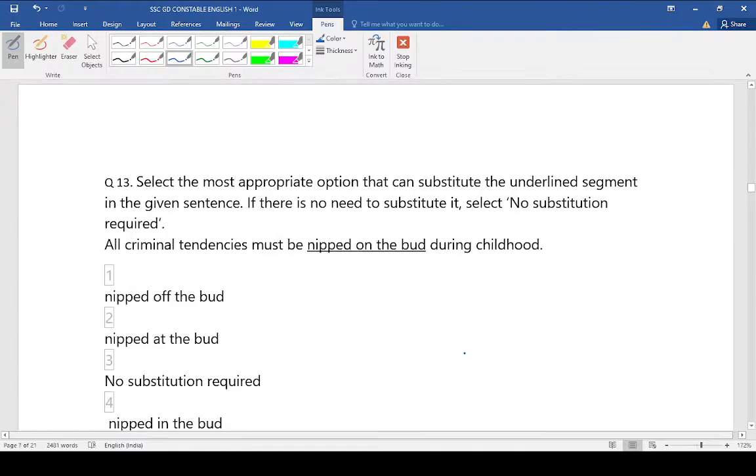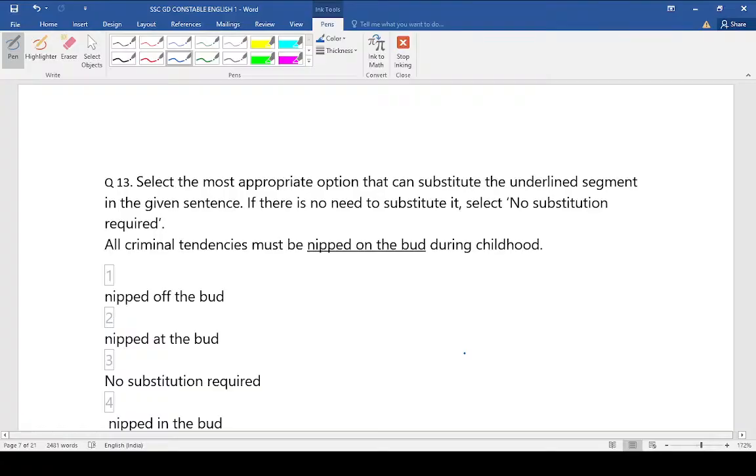Select the most appropriate option that can substitute the underlined segment in the given sentence. If there is no need to substitute it, select no substitution required. All criminal tendencies must be nipped on the bud during childhood. So here, nipped in the bud.